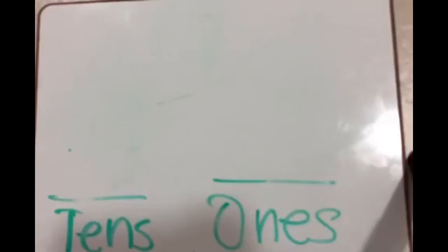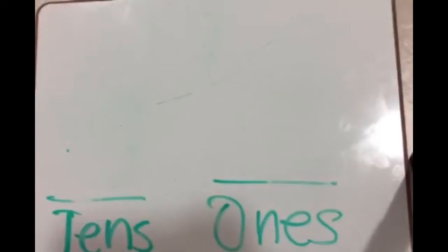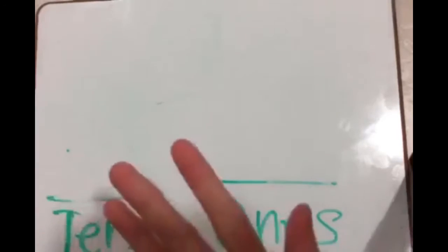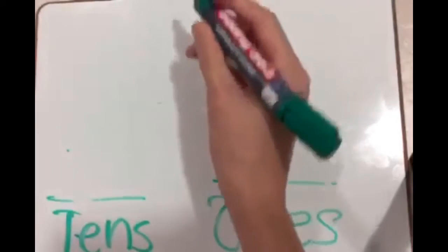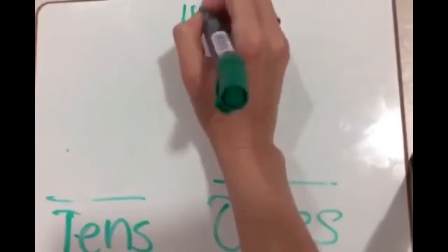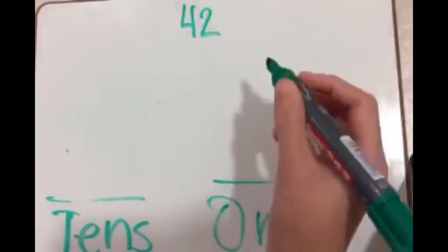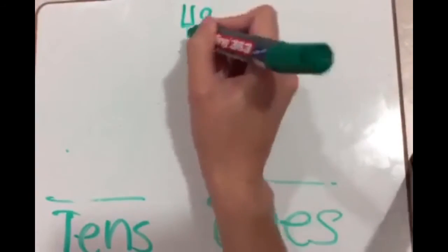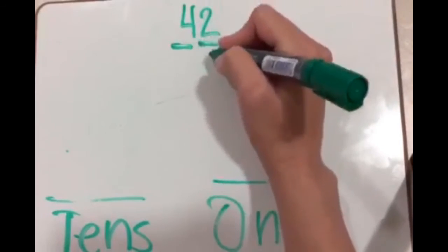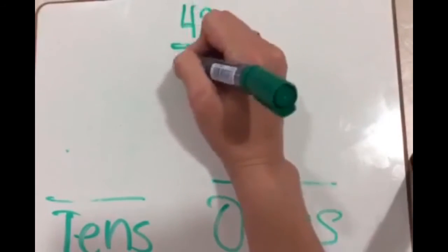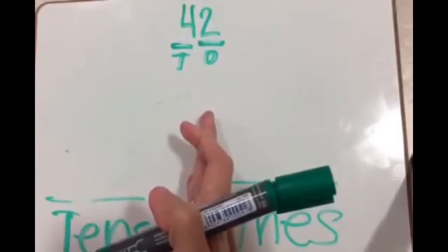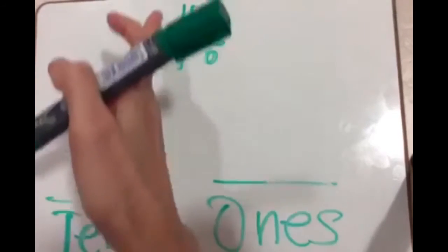Now, we can represent tens by just making a straight line instead of making a 10 frame, as it will take so much of your time to do it. So for example, I have 42. Underline the digits. So 2 is ones and 4 is tens. Now here I can see in the tens place, I have the number 4.